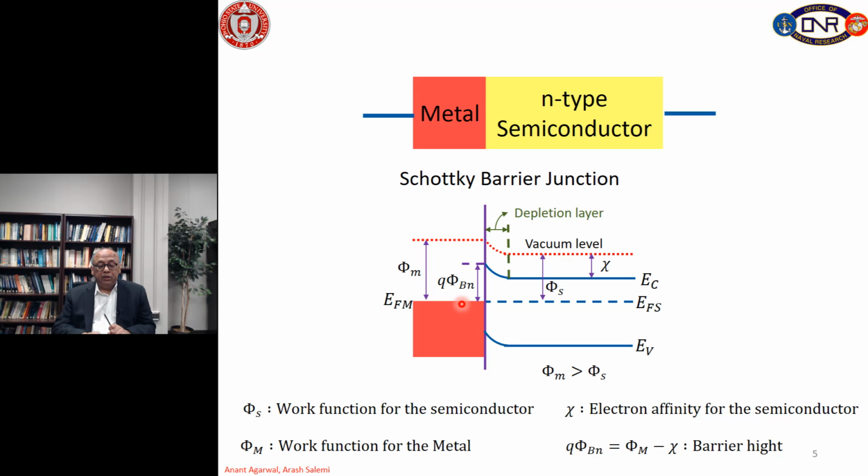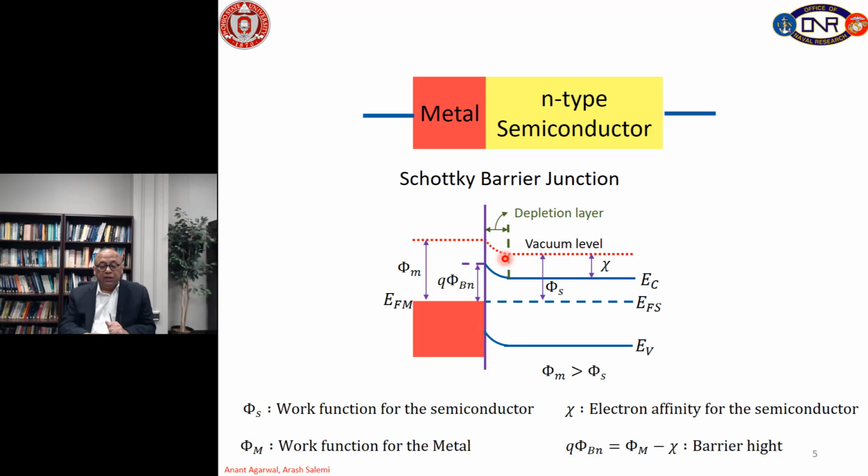Remember, in the energy band diagram, as we move vertically in the y direction, the energy of the electron increases in the y direction. So, the electrons that are here in the conduction band have higher energy than the electrons in the metal, just because the work function phi m of the metal is greater than the work function of the semiconductor phi s.